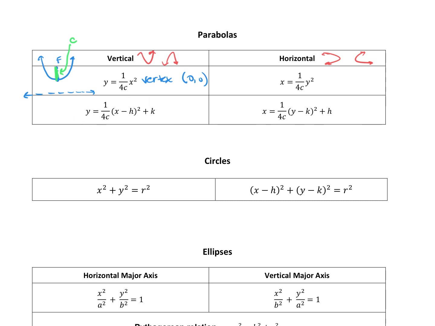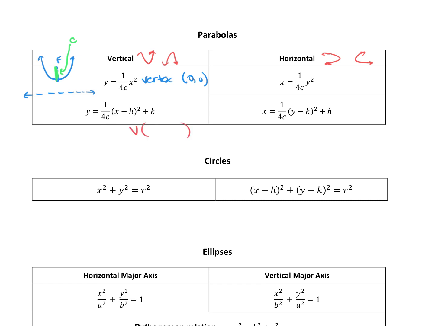These equations that obviously look a little bit more complicated, this is what we call vertex form for parabolas. So it still has the 1 over 4c. C is still how far away the focus is from the vertex. This could be positive or negative. But we have these added h and k. That's how you find your vertex.